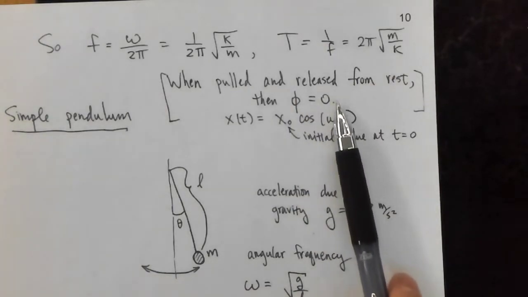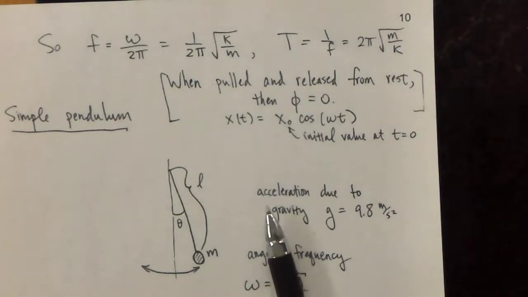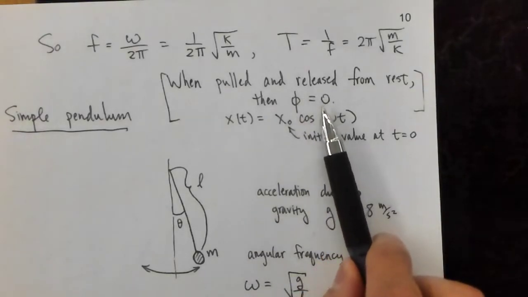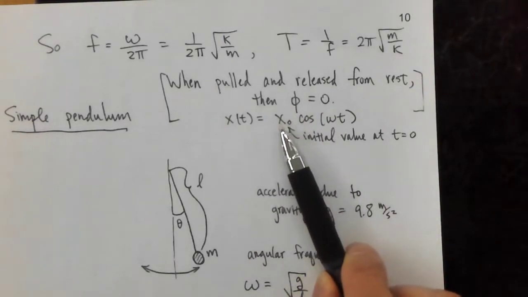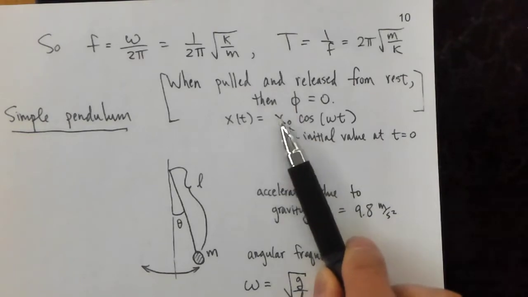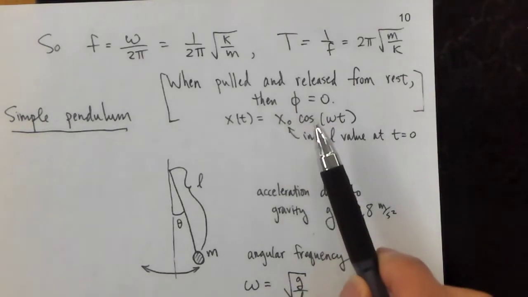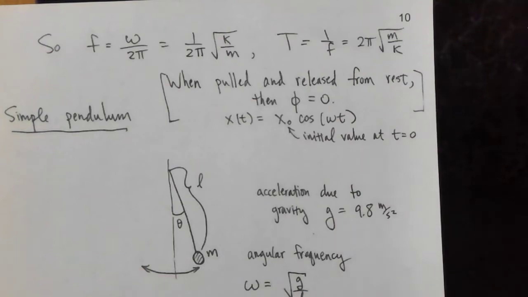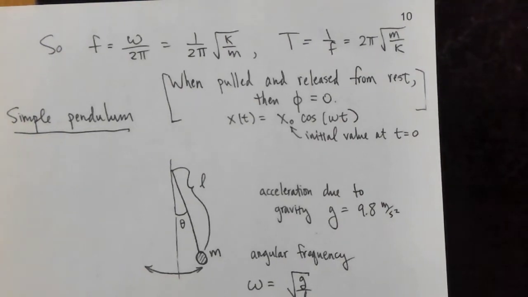That's when the phase constant equals 0, so then we just have amplitude times cosine omega t, or x0 is the initial value at t equals 0. Questions about this at all?